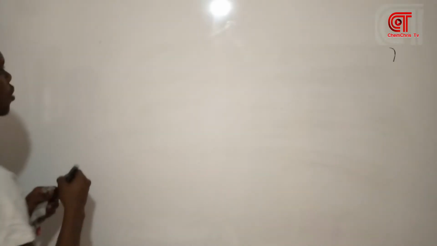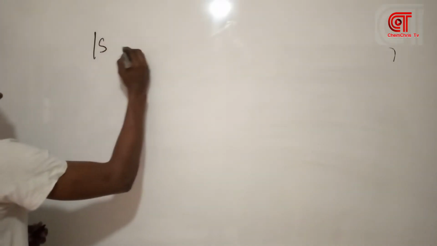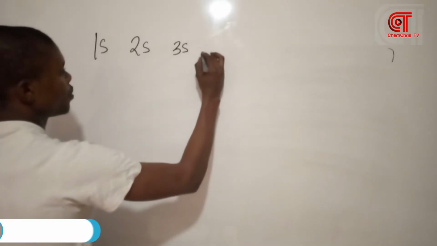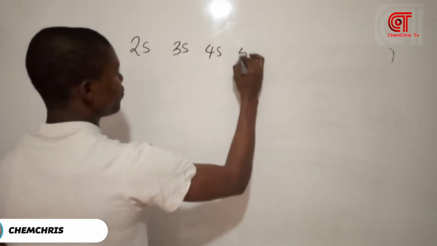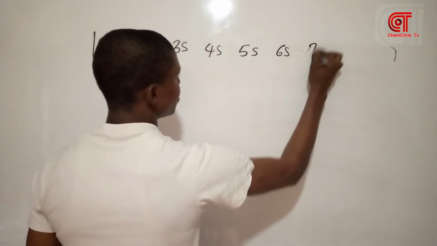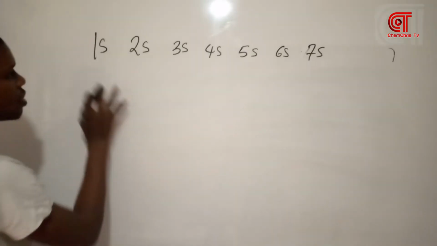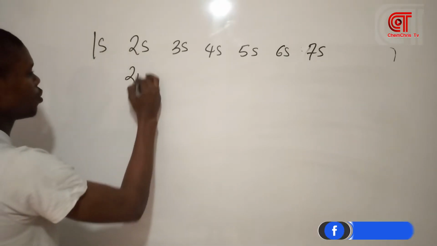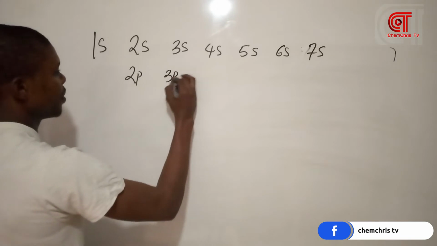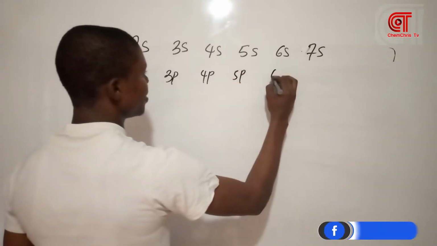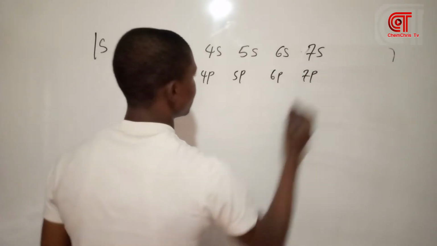What you have to do here is write 1s, 2s, 3s, 4s, 5s, 6s, 7s, right? After that, you leave this one here, come under 2 here, and you now have 2p, 3p, 4p, 5p, 6p, 7p.